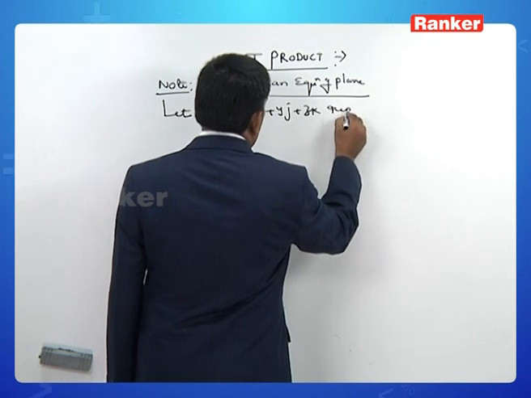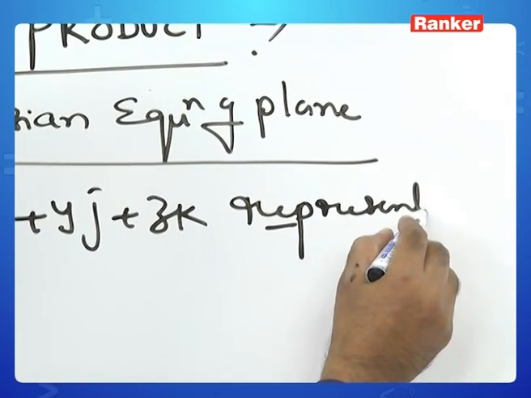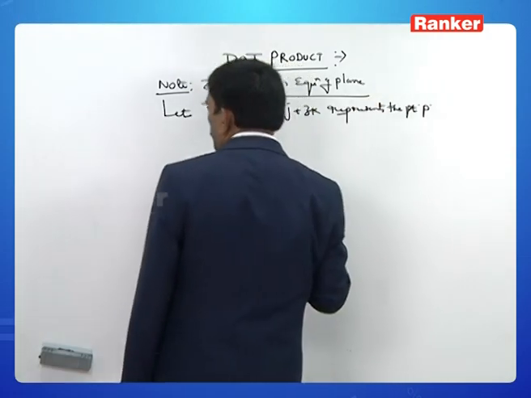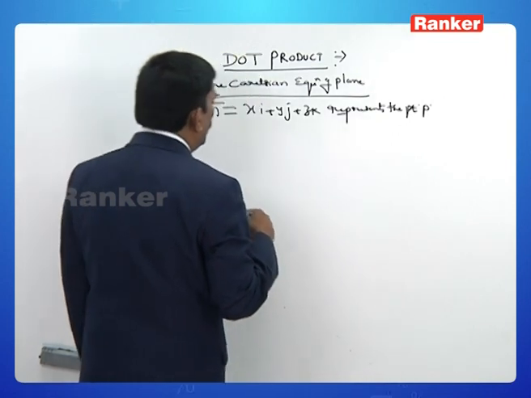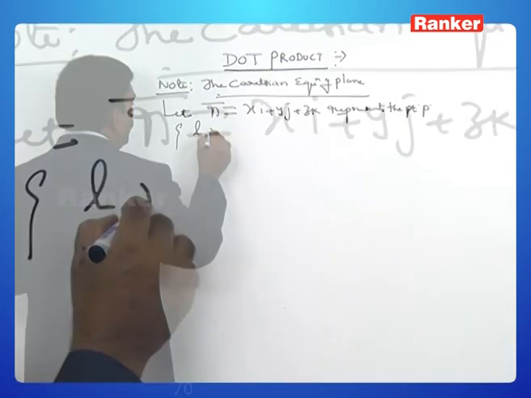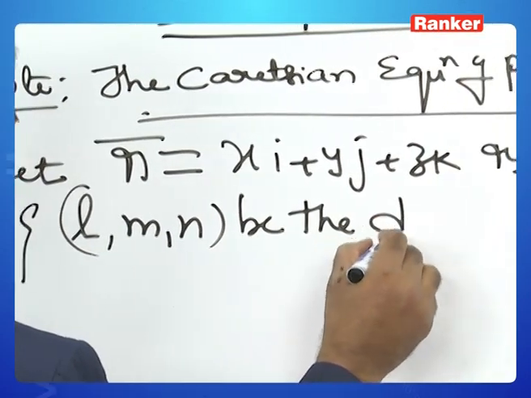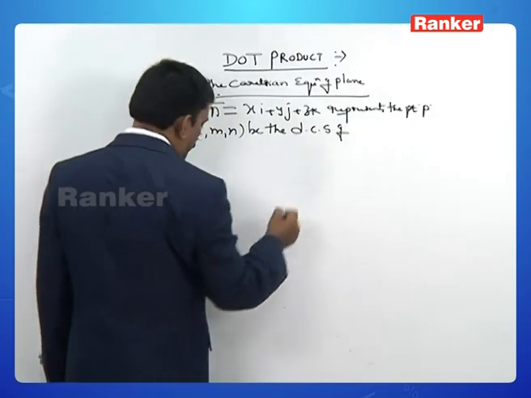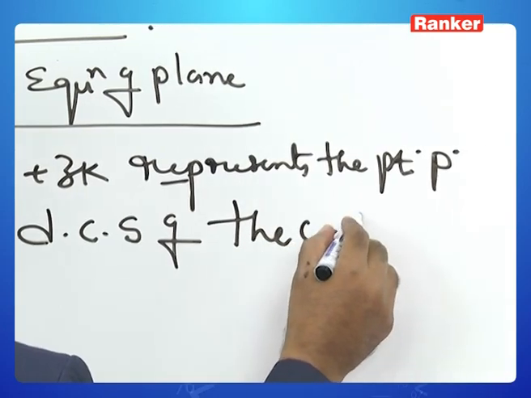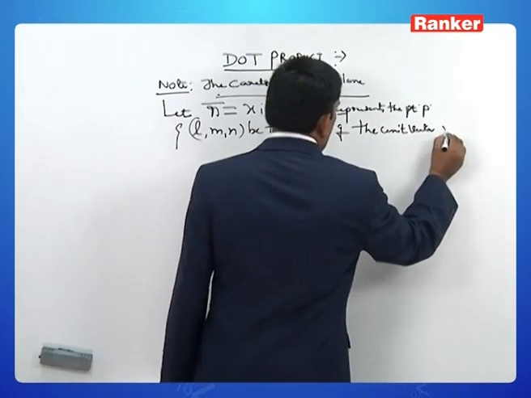represents the point with respect to orthogonal coordinate axes, P, and l, m, n be the DCs of the unit vector n cap.